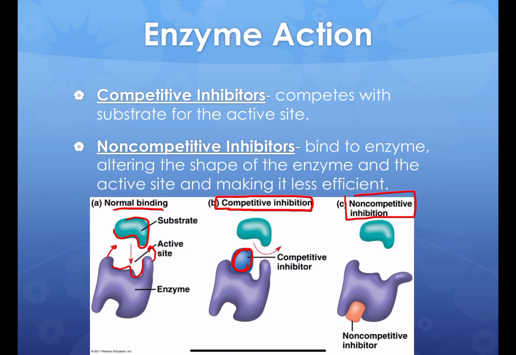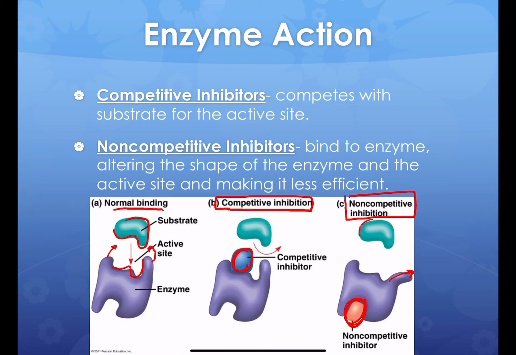Non-competitive inhibition, on the other hand, is when you have this non-competitive inhibitor molecule down here that binds to the enzyme. Remember from cellular communication, when you bind, you change a shape, right? So this binds, and it causes the enzyme to change its shape.